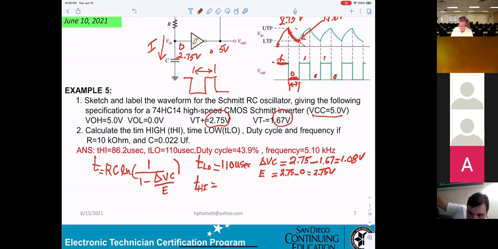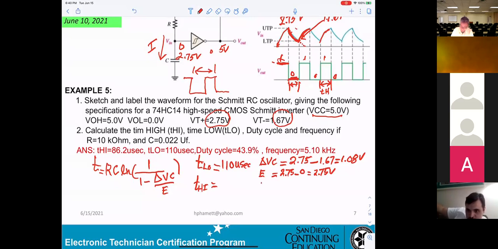Delta VC for T high means right here, or here, the same thing. That's T high. So for T high, what does delta VC equal?